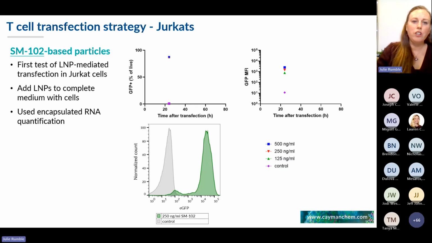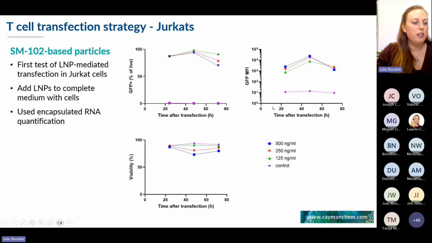As you can see, JERKITs transfected with SM102 at all of the doses tested displayed significant levels of GFP expression, both by percentage of total cells and the mean fluorescence intensity of the population.